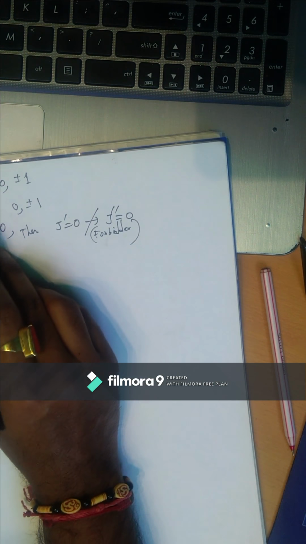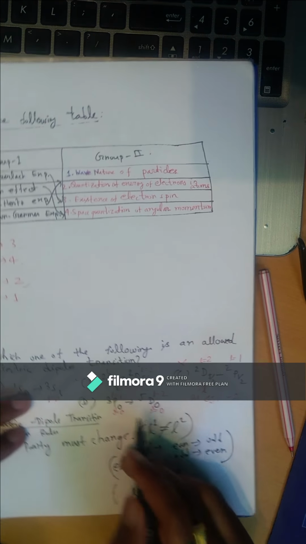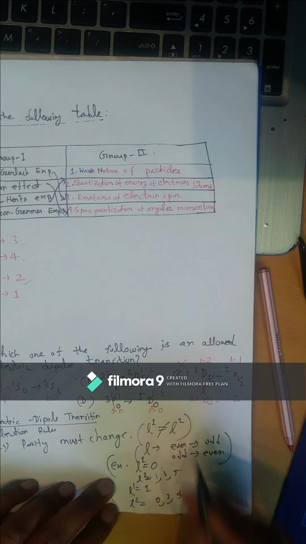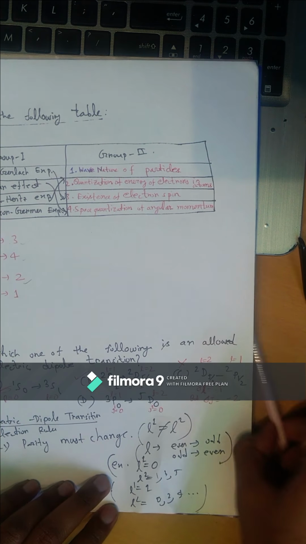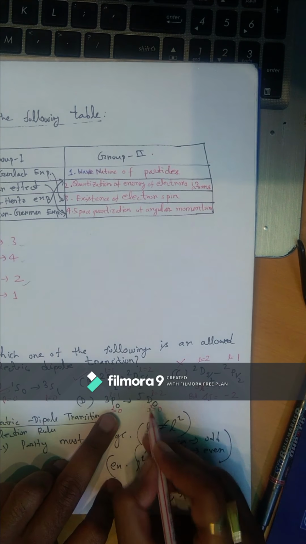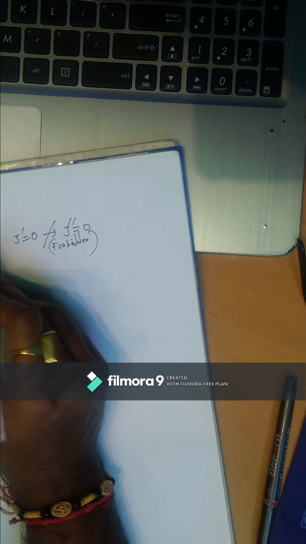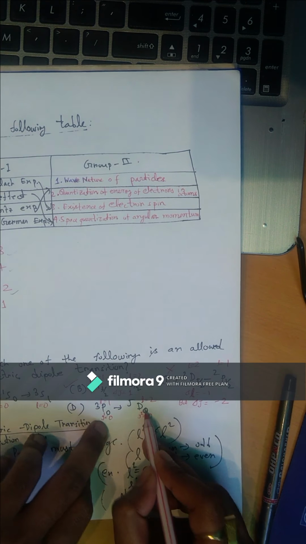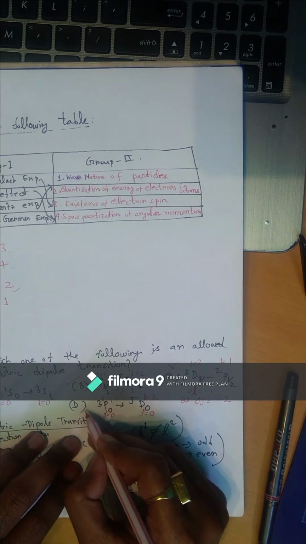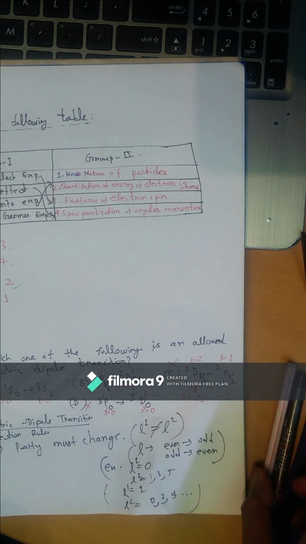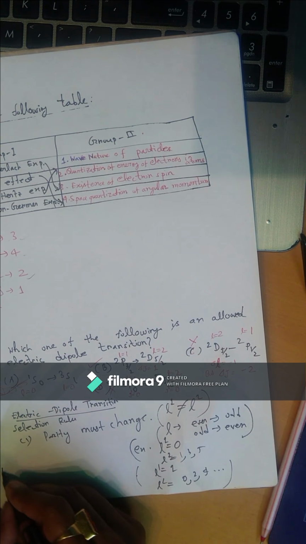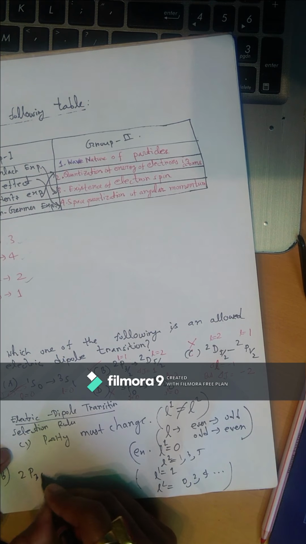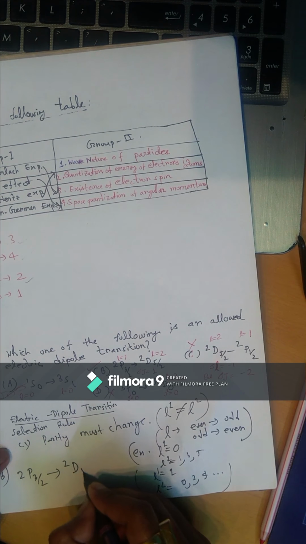So here delta j equals 0 is okay, but the j value is changing from 0 to 0, so this is not allowed. So our answer will be option B, 2P3/2 to 2D5/2.